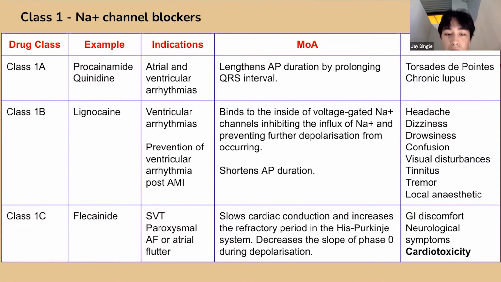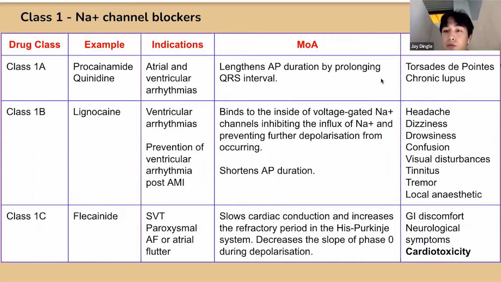For 1C, the mechanism of action is that it decreases the slope of phase 0 during depolarization, and so this slows cardiac conduction. So some key takeaways: 1C you use in supraventricular tachycardia or paroxysmal atrial flutter or atrial fibrillation, whereas 1A you use mainly in atrial and ventricular arrhythmias, and then 1B for post-AMI ventricular arrhythmia prevention.